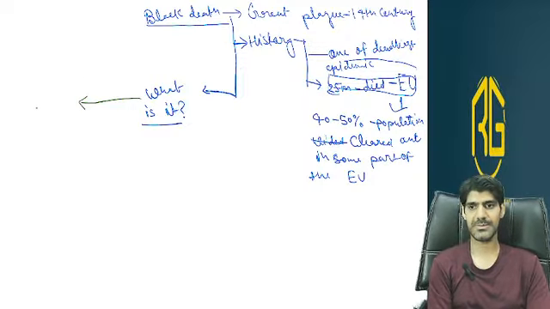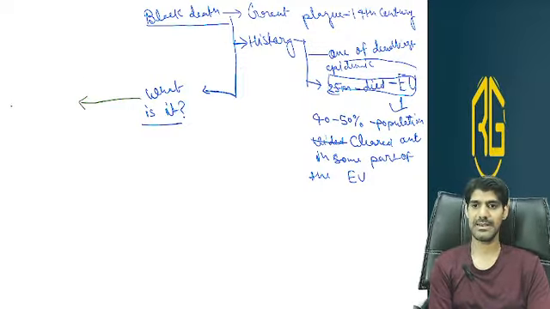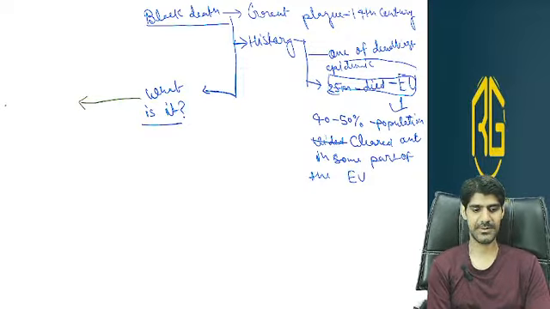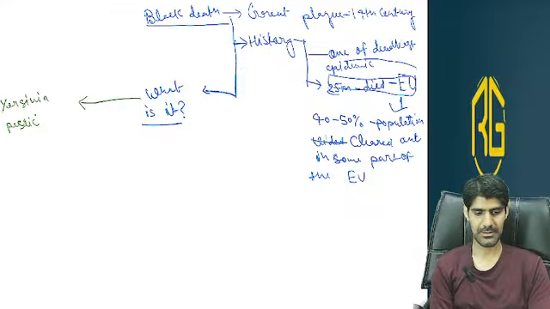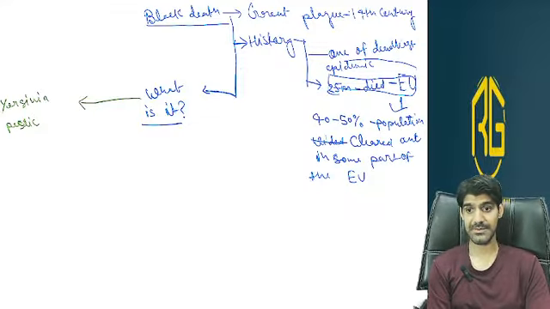So the cause of this Black Death or the Great Plague is Yersinia pestis.